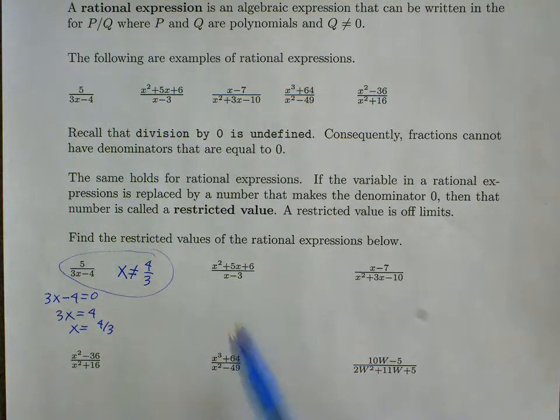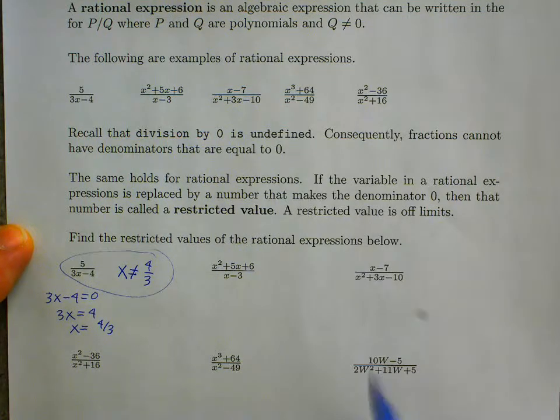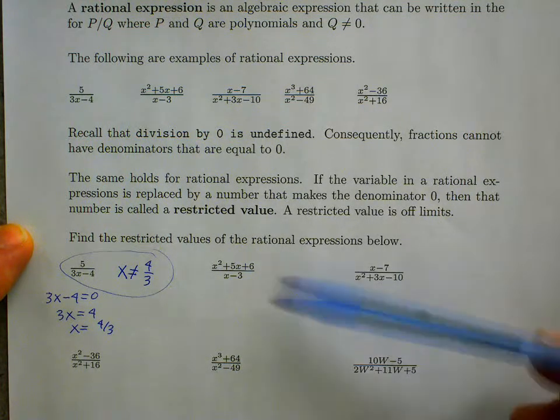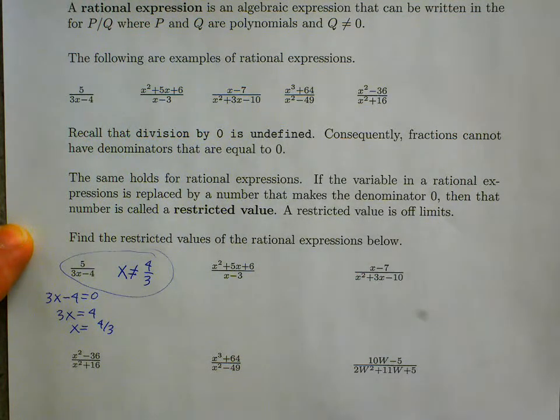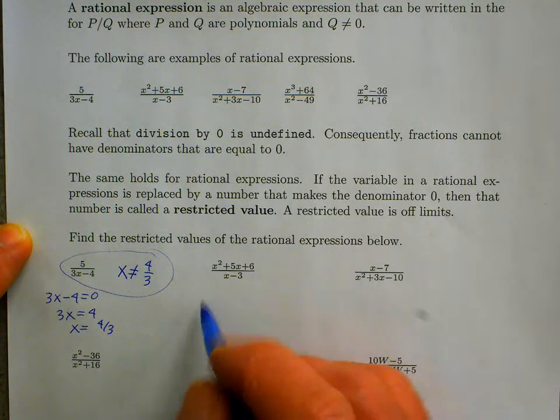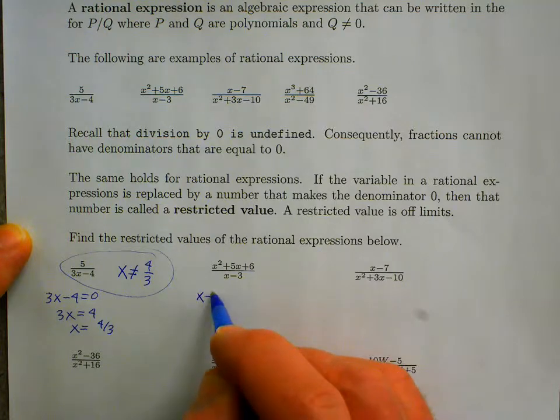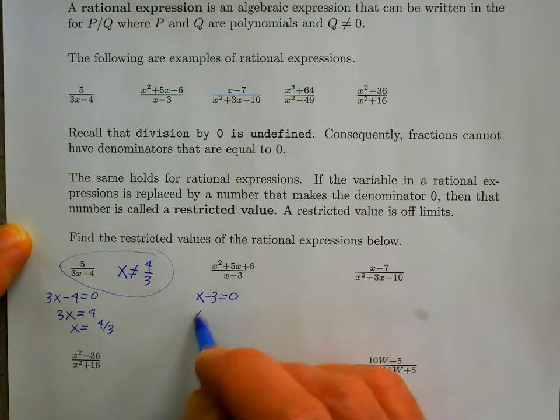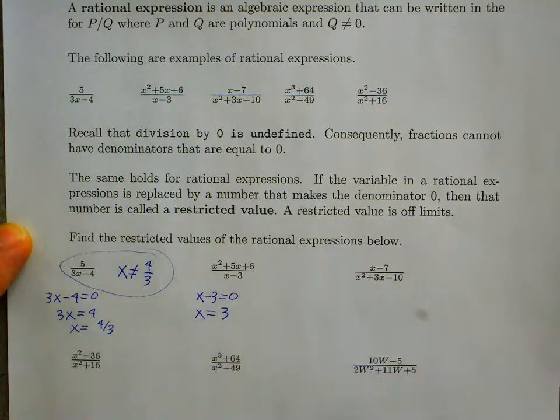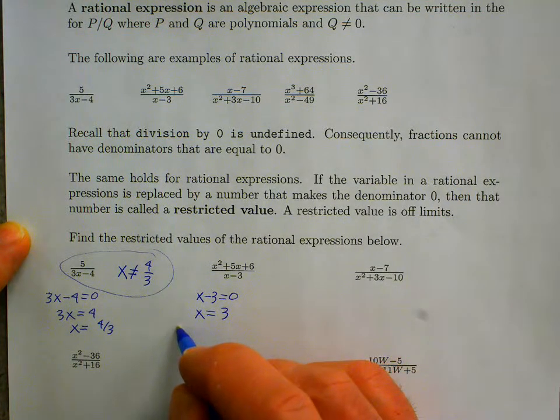Okay, the next one, x squared plus 5x plus 6 divided by x minus 3. To find the restricted value, we don't even need to pay attention to the numerator. We want to know if there are any x values that make the denominator 0. So if x minus 3 is 0, then the restricted value is 3. Maybe I should write that out.